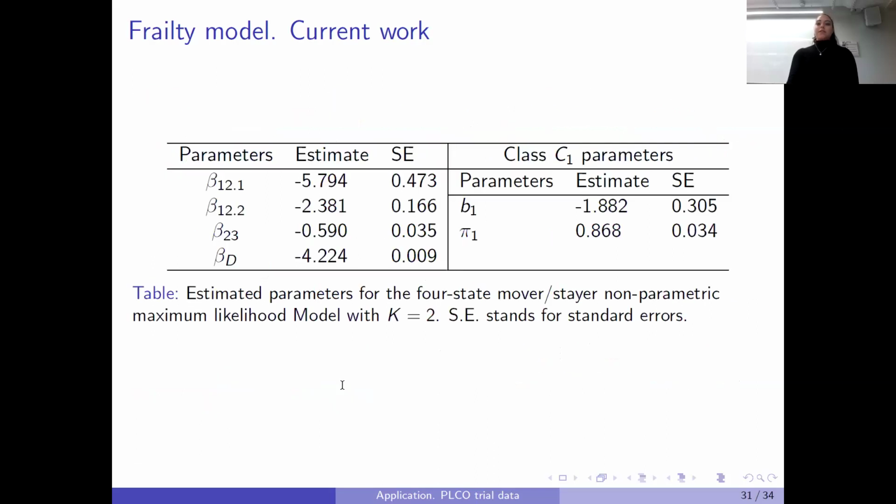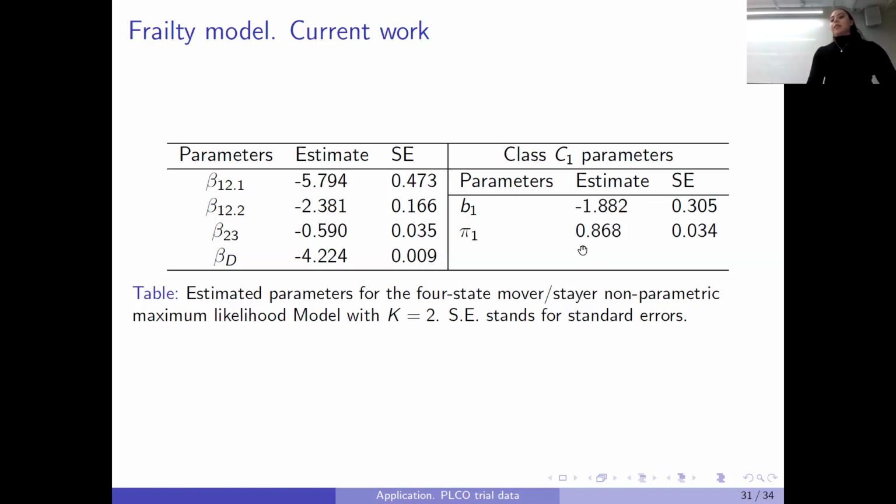As a first model, I came back to the 4-state model, just having healthy, screen detectable, clinical diagnosis and dying, but I added a cluster-specific intercept for the transition from healthy to screen detectable, in a non-parametric way. These were the results, and from this we can see that the probability of belonging to the first class is high.